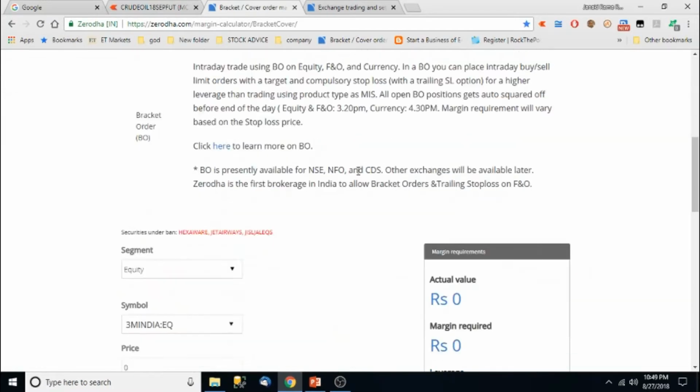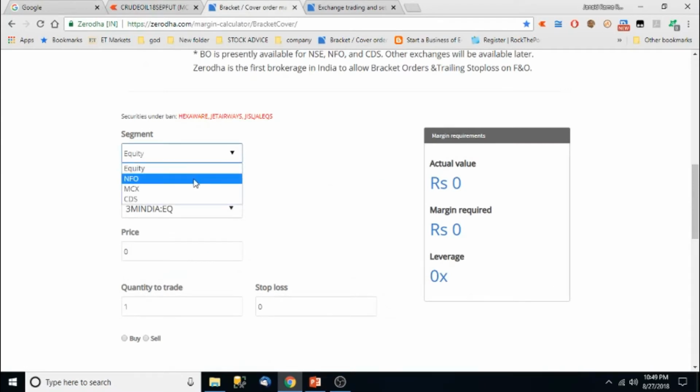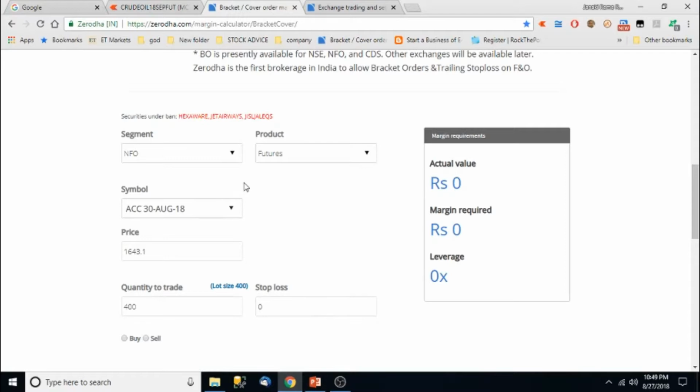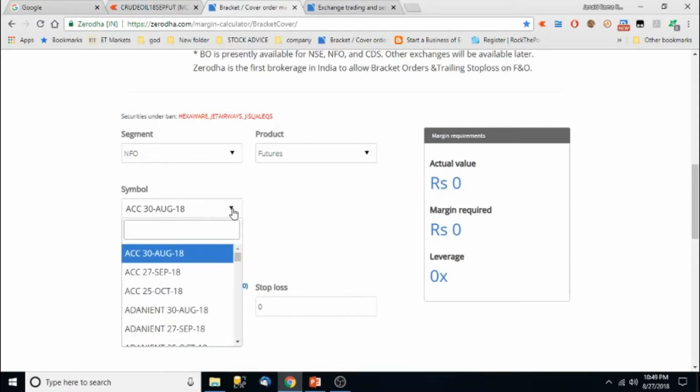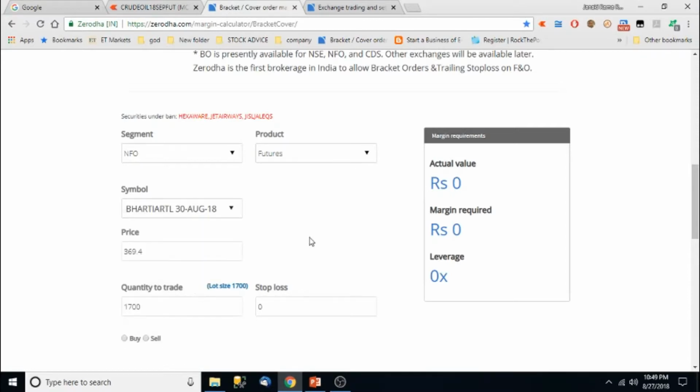So in the bracket and cover order, we'll go for the NFO. I will show a much more interesting part here. See, I am taking the same Bharti Airtel so that you will all understand very easily.